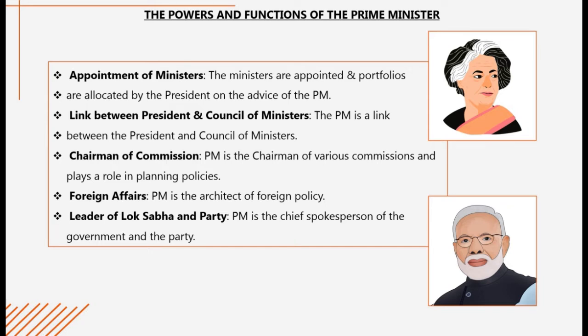D. The Prime Minister advises the President with regard to the appointment of important officials like Attorney General of India, election commissioners, etc. Thus, the Prime Minister is the link between the President and the Council of Ministers.